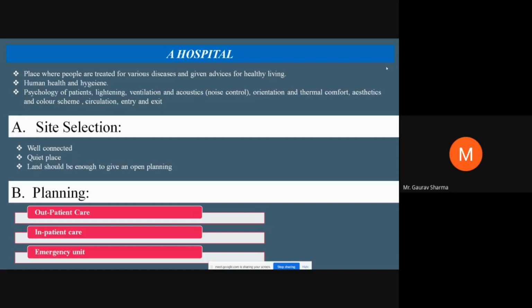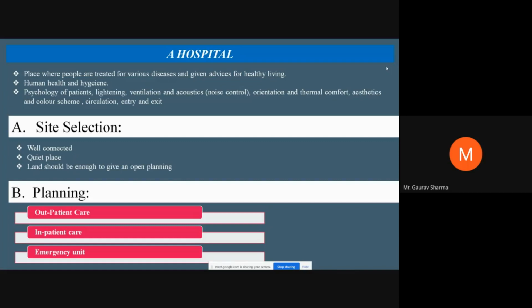So these are services related with the people that are coming to the hospital from outside, the persons who are not admitted into the hospital, right? So these are the patients who are coming from outside and not admitted into the hospital.